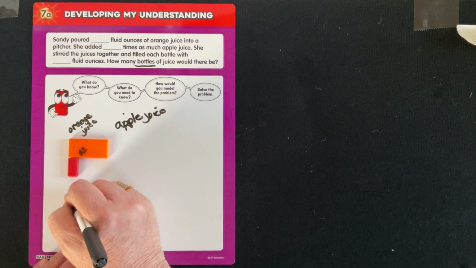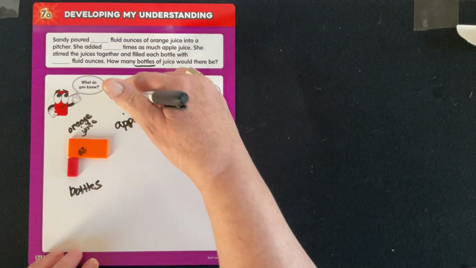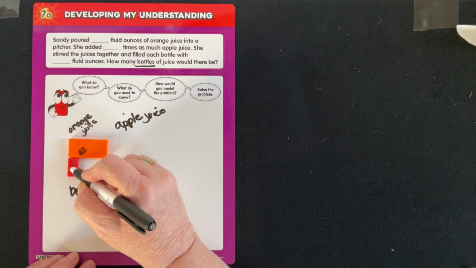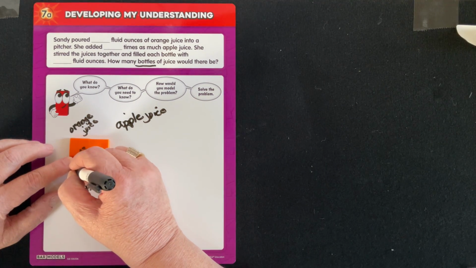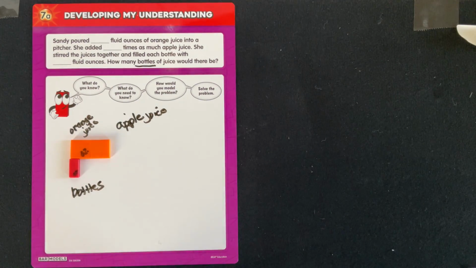So I know that there's going to be some bottles. I don't know how many, because that's what we're trying to find out. But there's so many fluid ounces. So again, this is going to be ounces, but I don't know how many ounces we're going to put in those bottles.